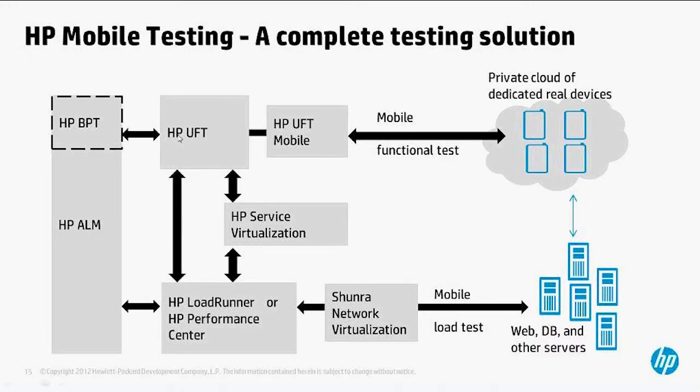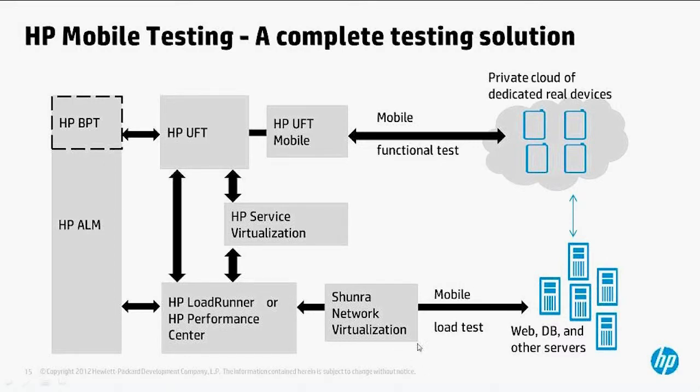Then we'd throw in the plug-in for UFT Mobile, and that way we can do the functional test on those real devices. And then as we're testing these apps, as I mentioned earlier, we want to test the integration, so I can use service virtualization to automatically test those back-end integrations without having to get all those environments up and running. And then I can also use LoadRunner and Performance Center to do my load and stress testing on the specific device.